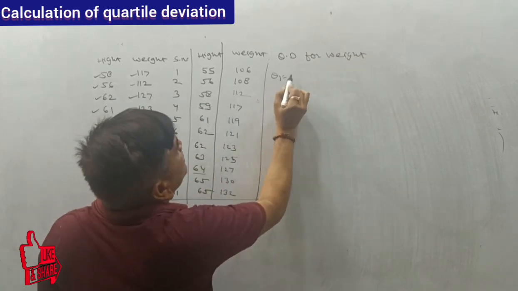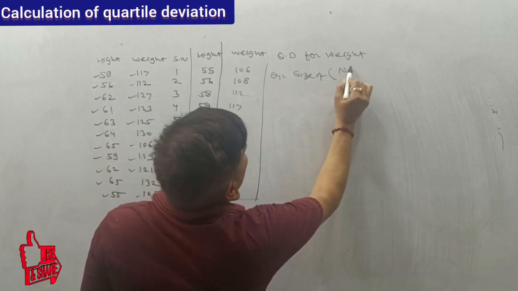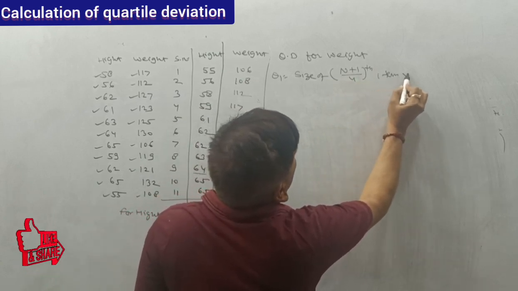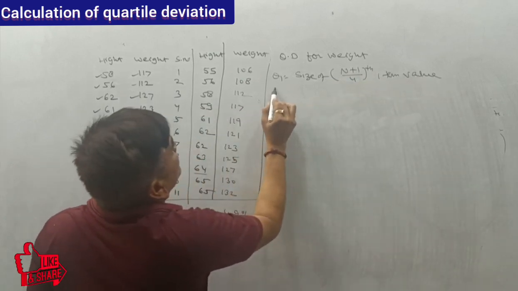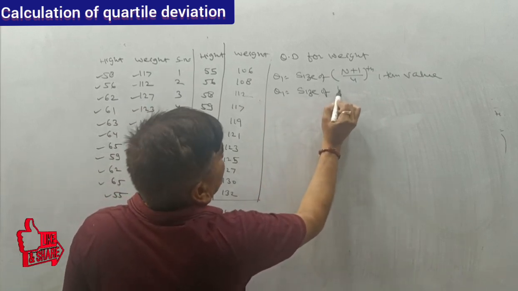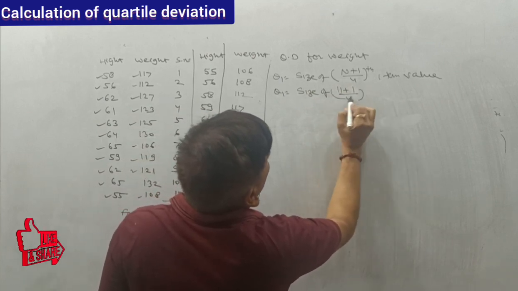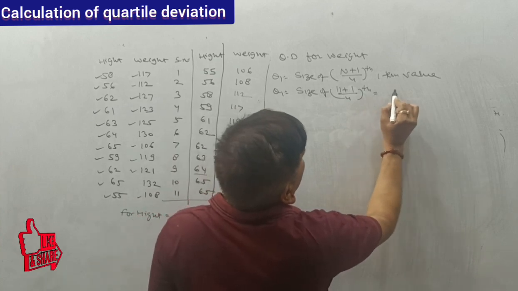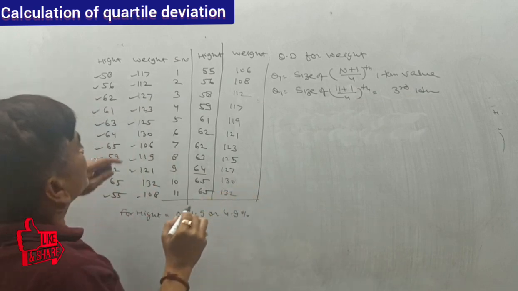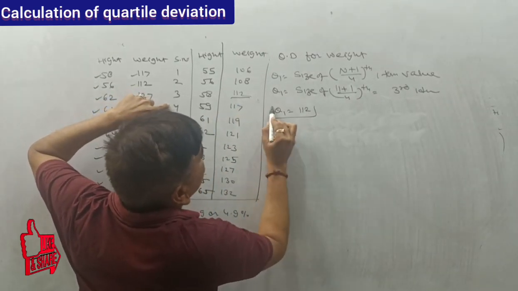So Q1 is equal to the size of (n plus 1) upon 4th item value. So the value of Q1 is equal to the size of (11 plus 1) upon 4th item, that is the 3rd item. The 3rd item is 112, so the value of Q1 is equal to 112.